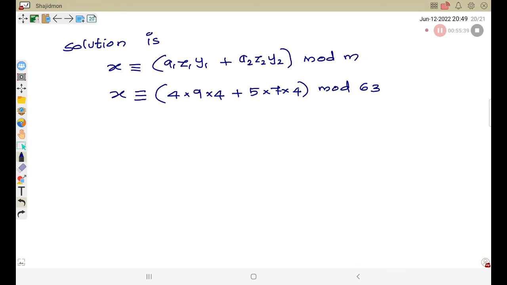We will get x congruent to 284 mod 63. Now just to find this mod, mod means we need to calculate the remainder, correct? So 284 divided by 63. Check this number.